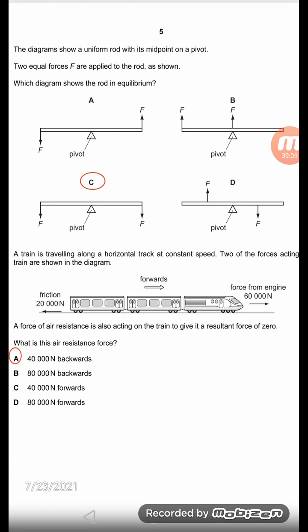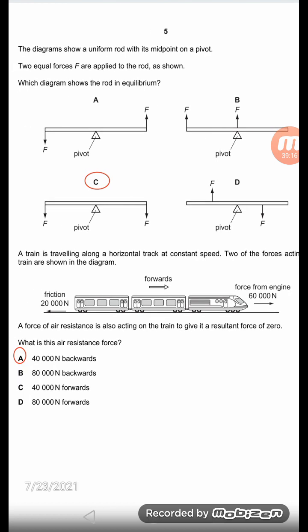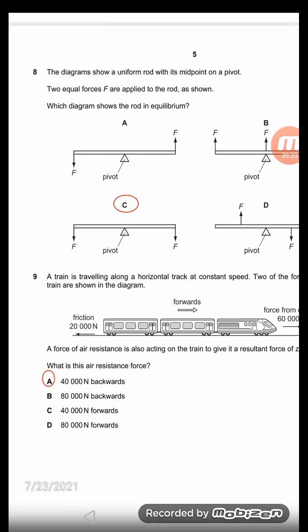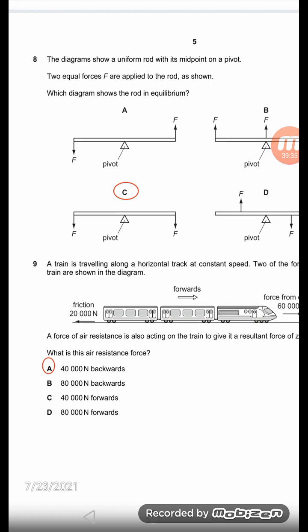So A and C are a little bit confusing. D is the same distance from the pivot. This is just a little bit confusing.